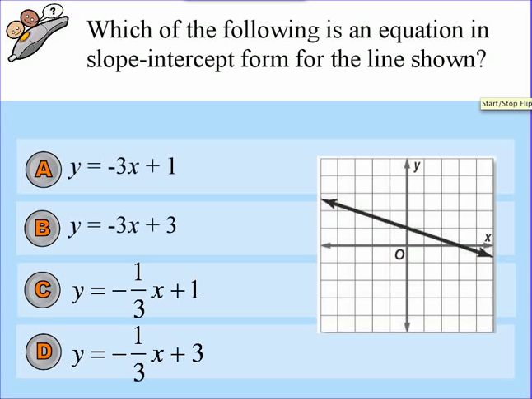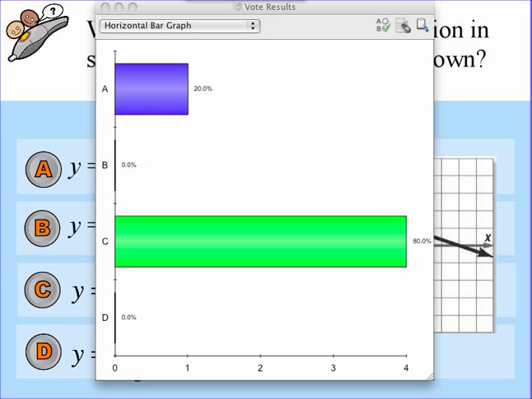So I need you to go ahead and see which of the following is an equation in slope-intercept form. The answer is C.